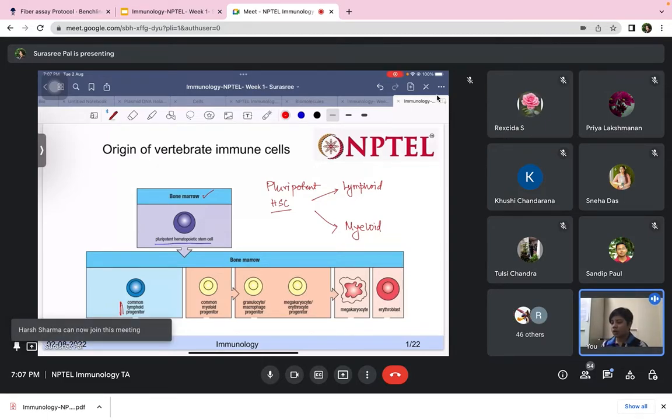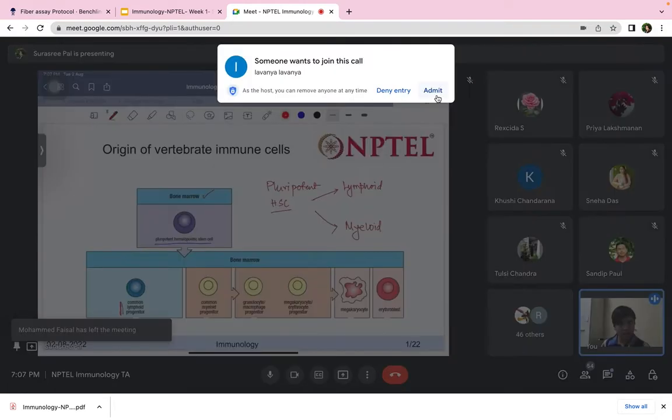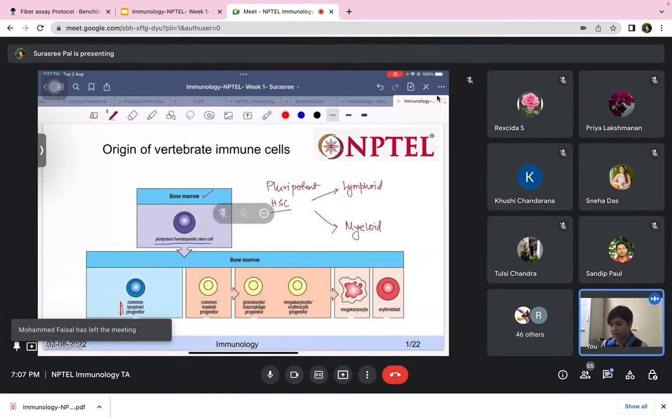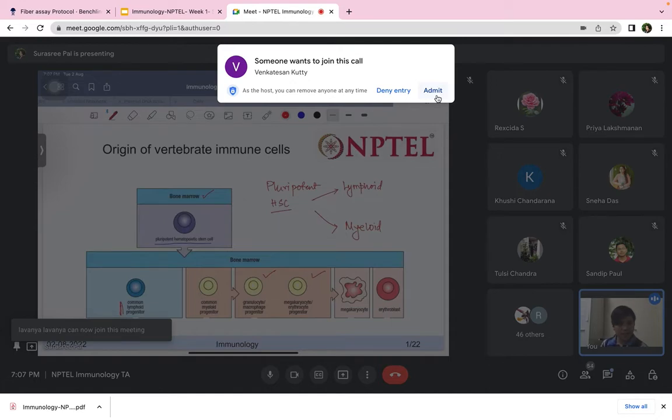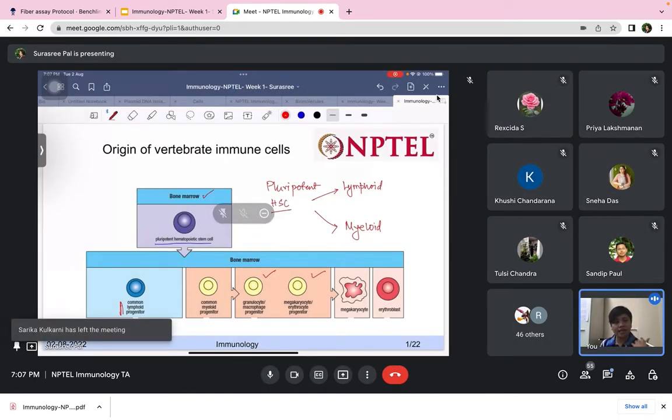First of all, why are they called common? Because they are the progenitor of multiple types of lymphoid cells or myeloid cells. Now from the common myeloid progenitor, as you can see here, the granulocyte macrophage progenitor and the megakaryocyte erythrocyte progenitor, these two types of cells originate and differentiate from the common myeloid progenitor.